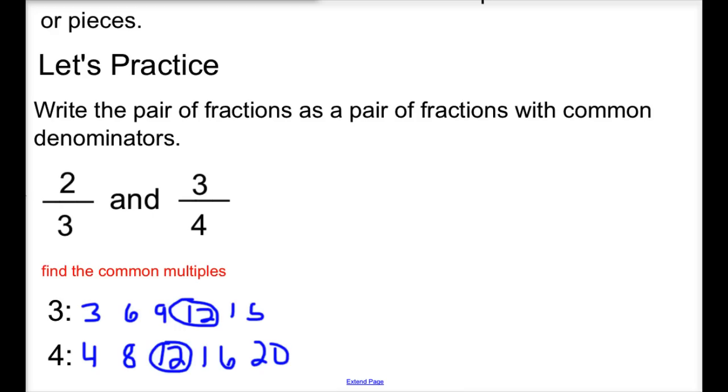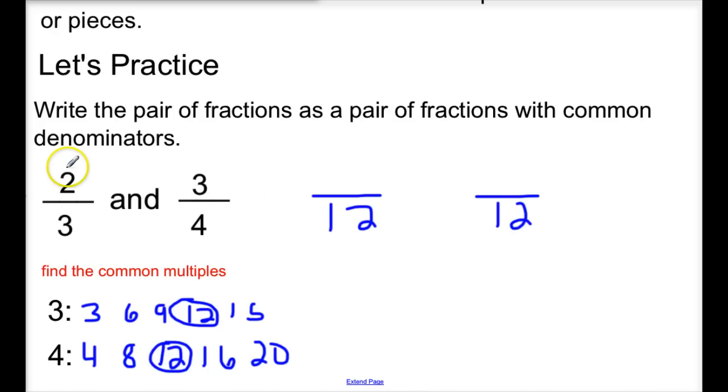And so I can rewrite these fraction pairs as a new pair of fractions with common denominators. So I can rewrite the 2/3 here with a denominator of 12 instead of 3. And I can write the 3/4 here with a denominator of 12 instead of 4.